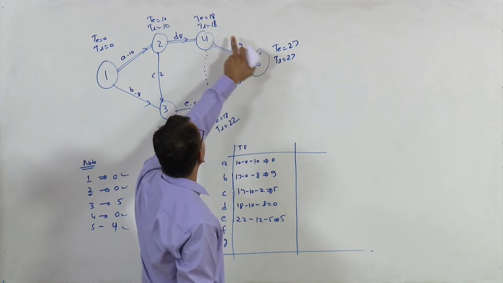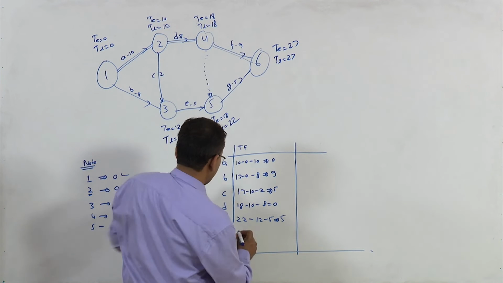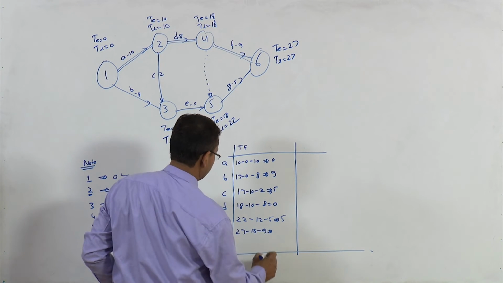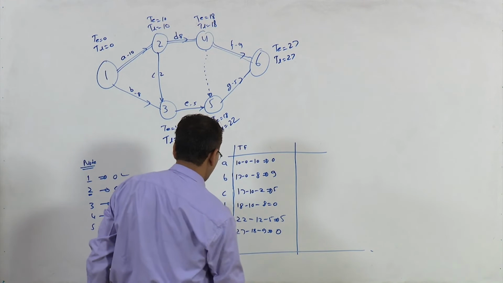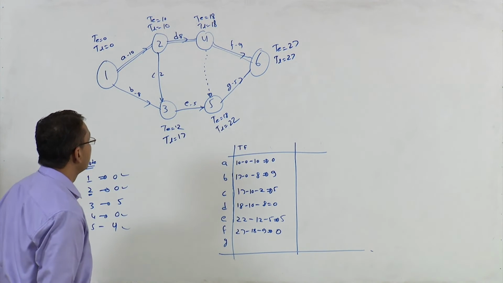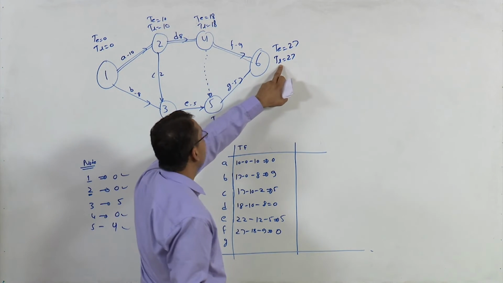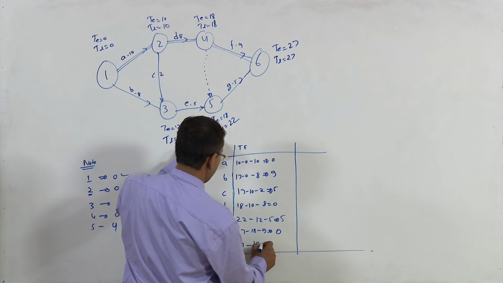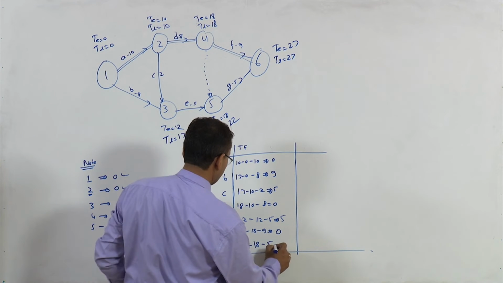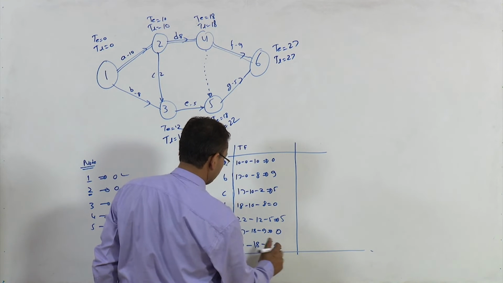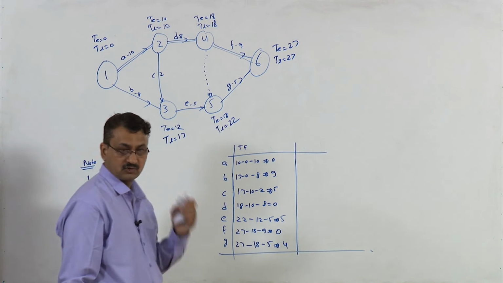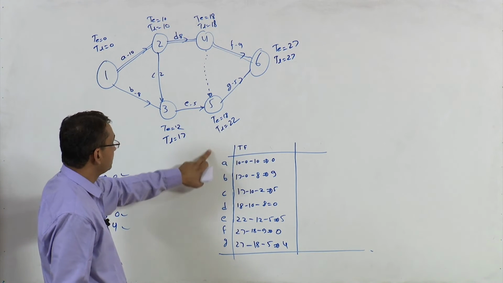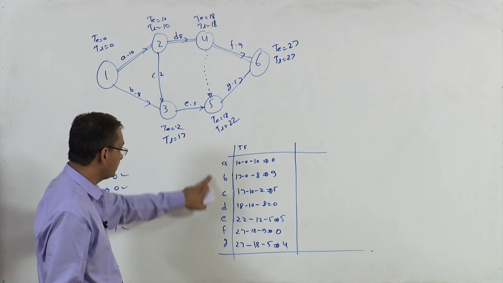TL minus TE, 27 minus 18 minus 9, 0. For activity G, TL is this, TE is 18, minus duration 5, this is 4. So this is how you should calculate total float for this network, and for all these activities.